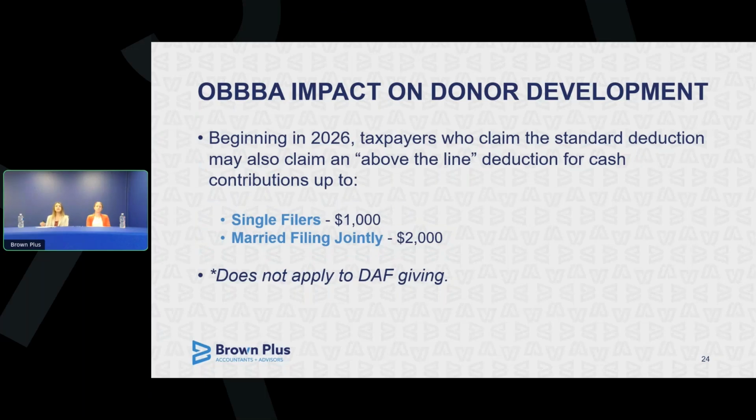Beginning in 2026, taxpayers who claim the standard deduction may also claim an above the line deduction for cash contributions up to, and I have the thresholds there, $1,000 for single filers and $2,000 for married filing joint. They did something similar to this maybe in 2021 or so, but it was a much lower amount, I think $200 and $250, something like that. But a lot of people did take advantage of it.